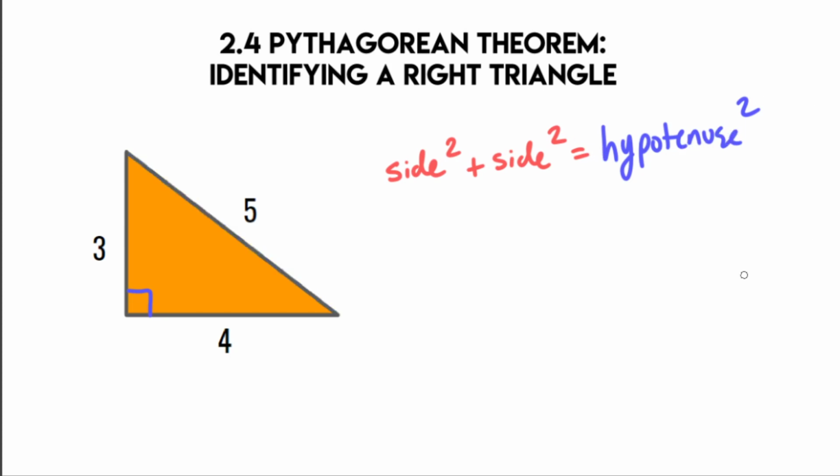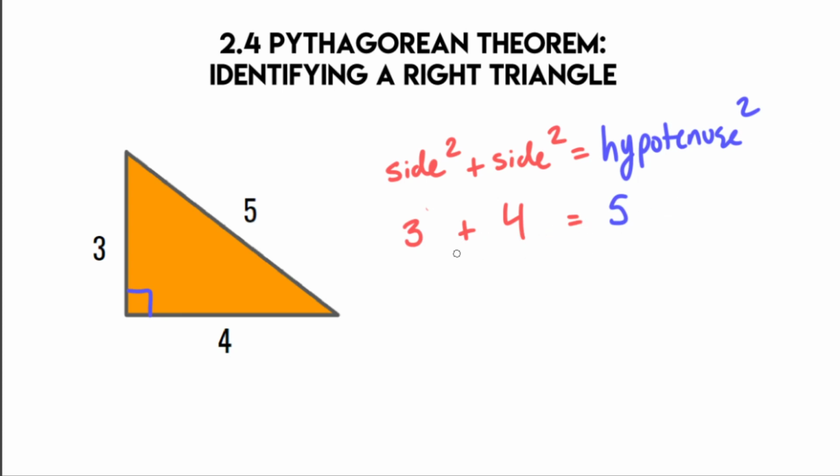So let's write this out. The very first one we have is 3, so that is our first side. So we have 3 squared plus 4 squared is equal to, and our hypotenuse is 5, so this is going to be 5 squared. Notice these numbers do have to be squared, because if I was to erase these squares, this is not a true statement. 3 plus 4 does not equal 5.